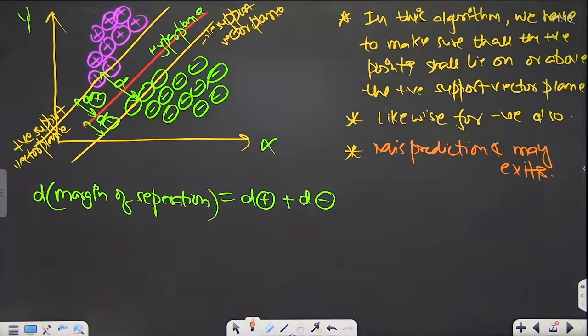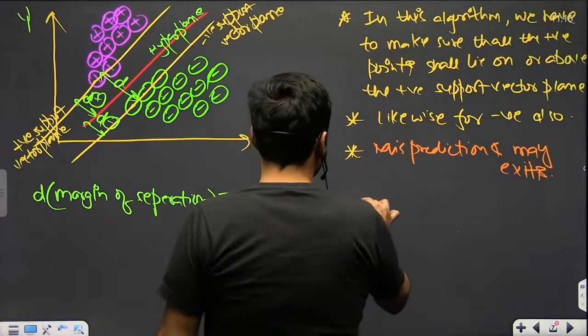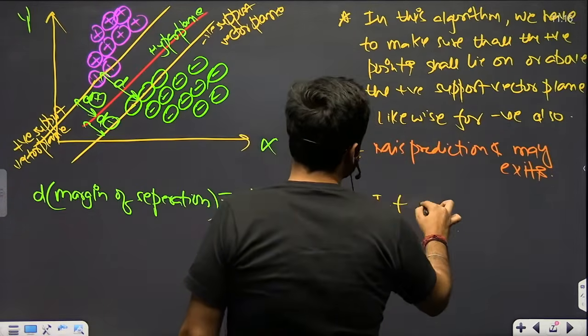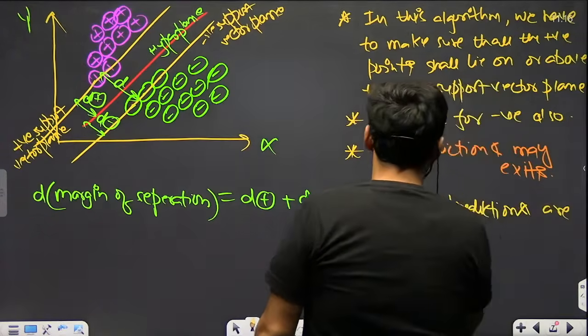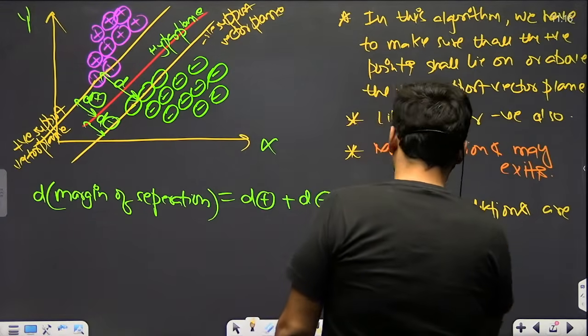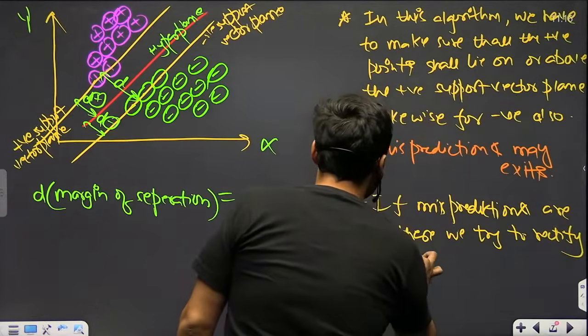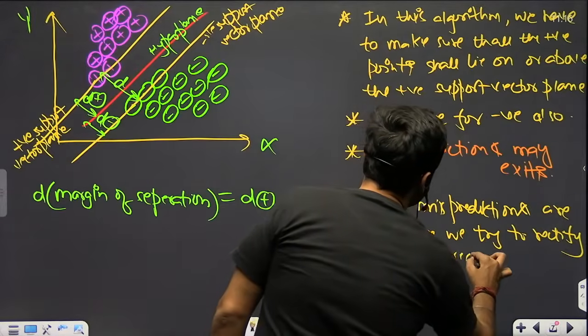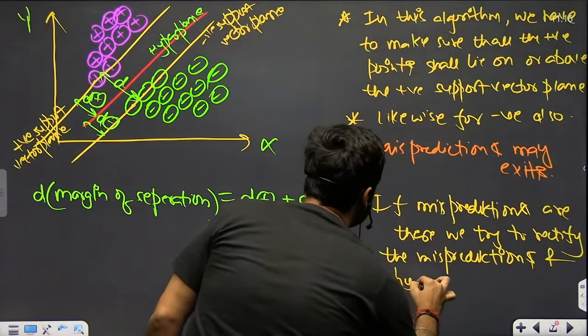Now, if misprediction occurs, if mispredictions are there, we try to rectify the mispredictions and the hyperplanes are regenerated.